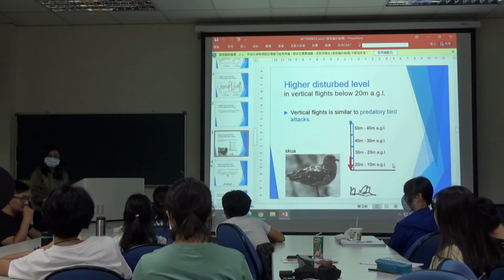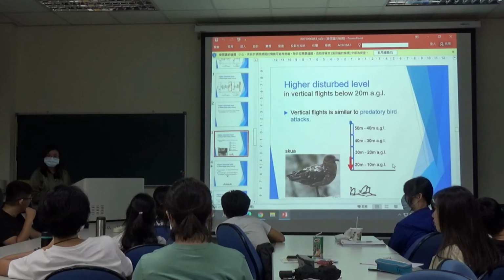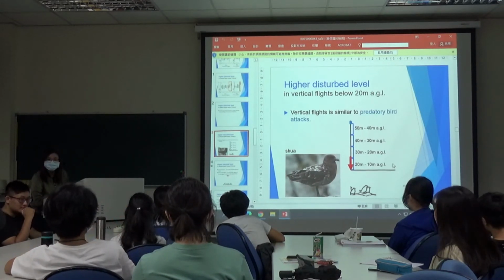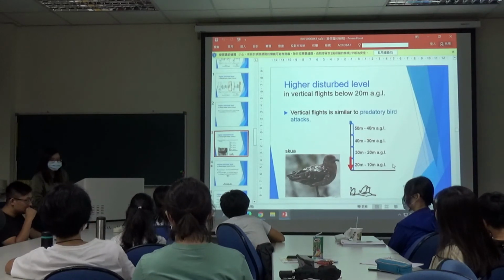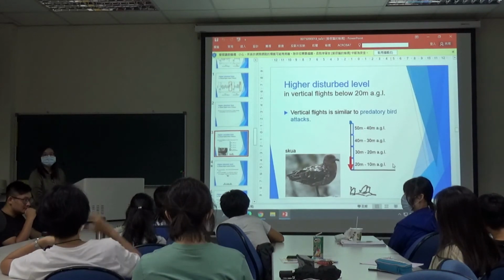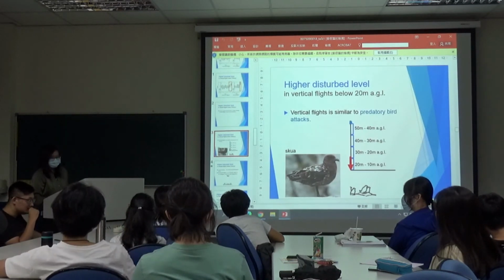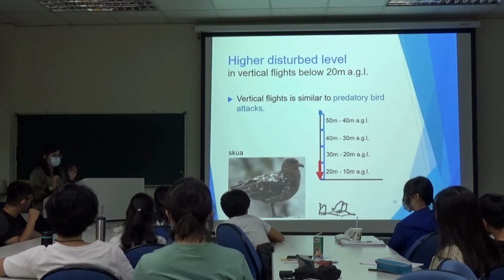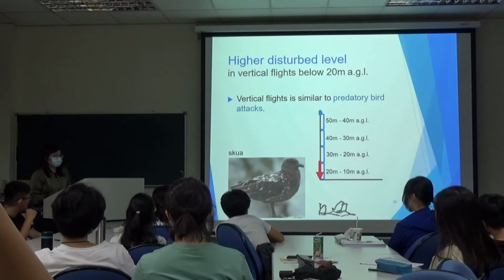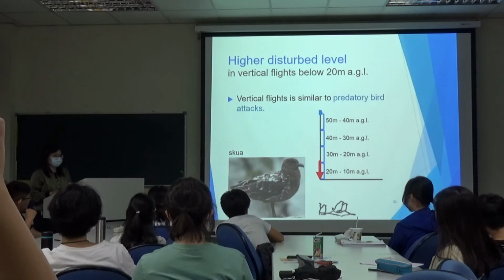Repeat your question. You said it's similar to the predatory bird, and I wonder if it's about the frequency or the volume. She wants to know what it means, similar to a predatory bird.